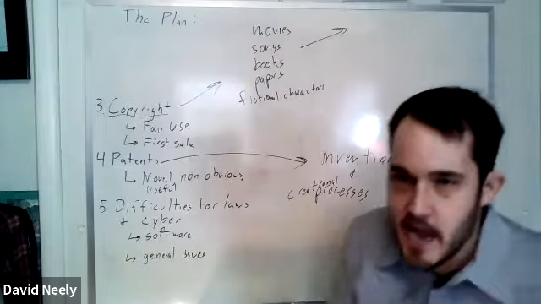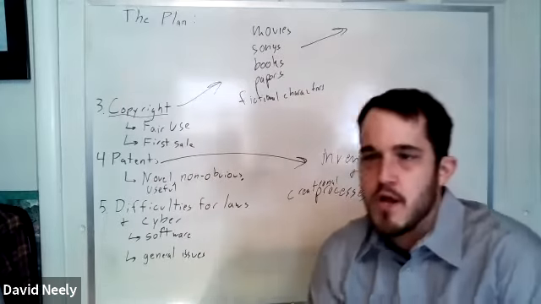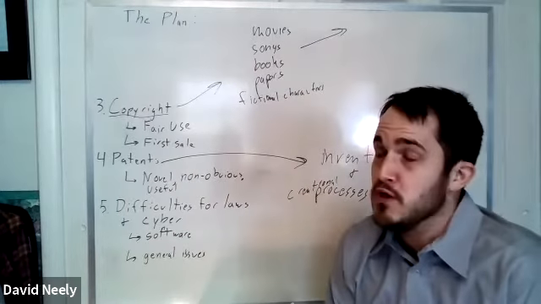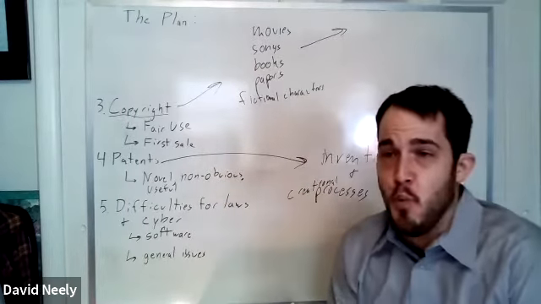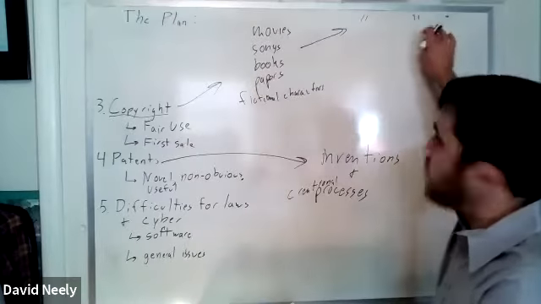Yep. Okay, so then there are two provisions, however, in copyright. When you're writing a paper for a class, you will sometimes include what in your paper? Quotations or citations. Yeah, you're allowed to include quotes.